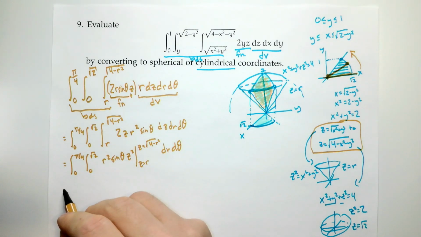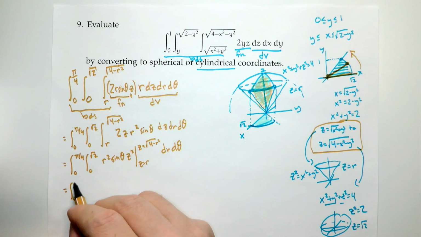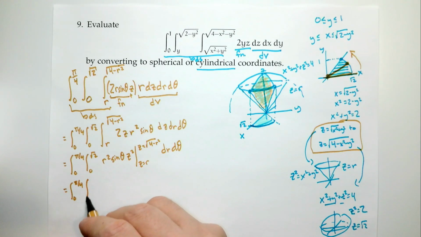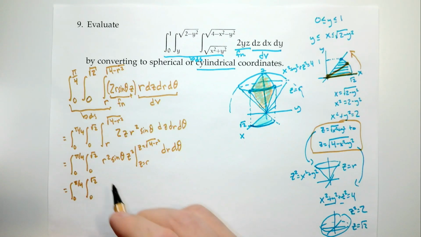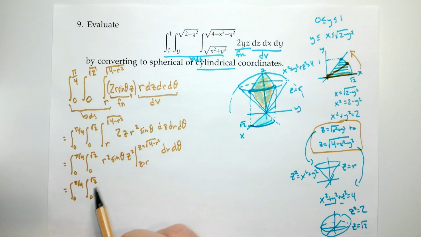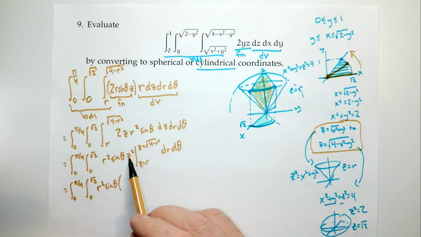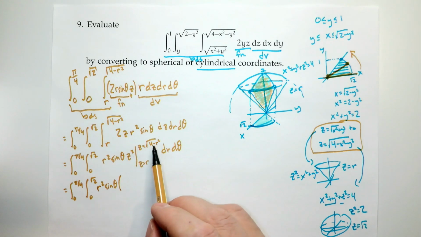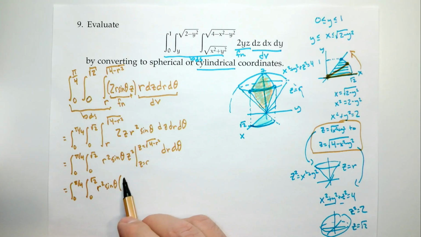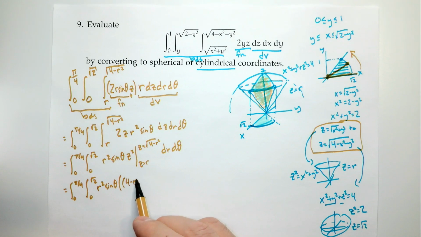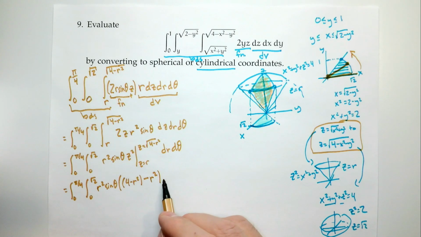Now, evaluating, we get r squared sine theta. We're going to square the square root, so that leaves us with just what's on the inside, 4 minus r squared. And we're going to subtract, when we plug in r, an r squared.